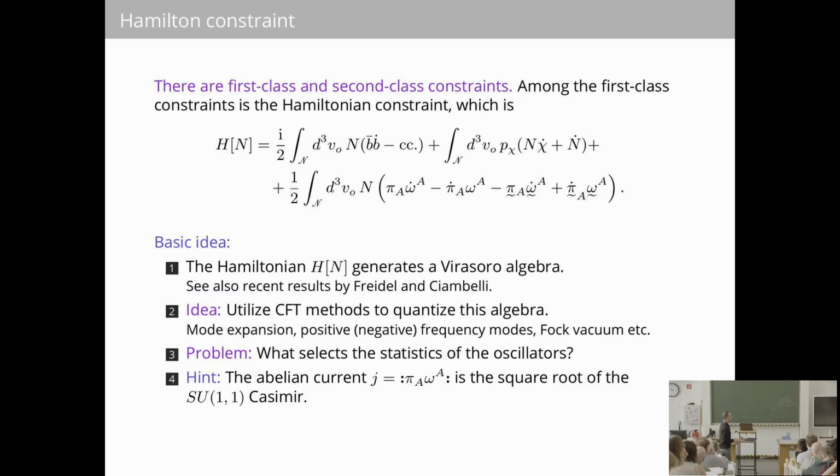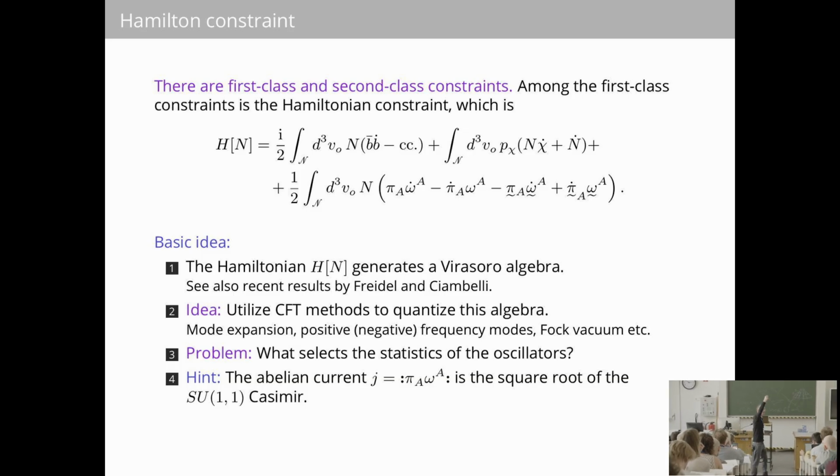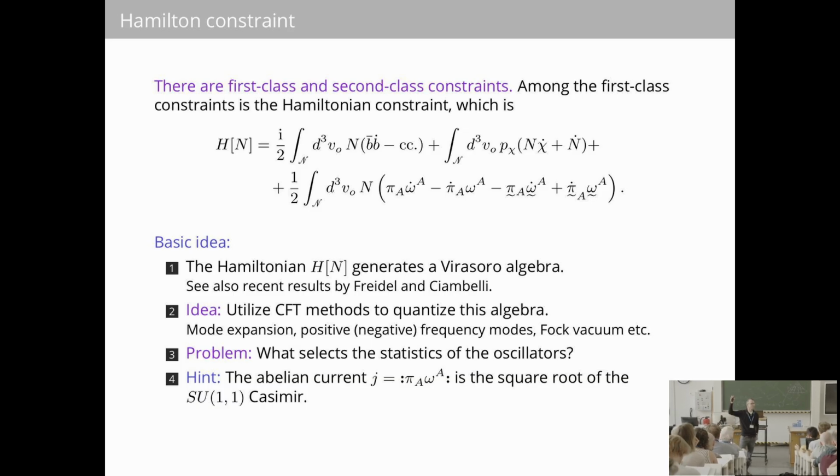And now, actually, you can realize that the Poisson brackets that these generators satisfy, using a mode expansion, are in fact just so-called Virasoro generators. So you basically get a conformal field theory along each null ray. Not for an isolated horizon or a black hole horizon or specific asymptotic boundary conditions, but for any null hypersurface.